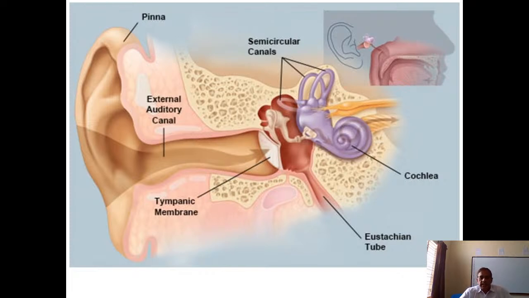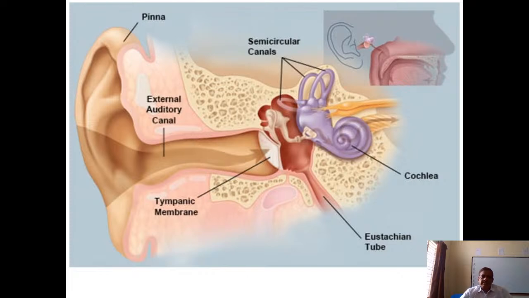So in the ear, I'll just briefly tell you about the anatomy. The external ear, which consists of the pinna and the external auditory meatus, and that ends at the tympanic membrane. And after the tympanic membrane, it is the middle ear, which extends from the tympanic membrane to the bony part of the inner ear. So that space is called the middle ear cavity.